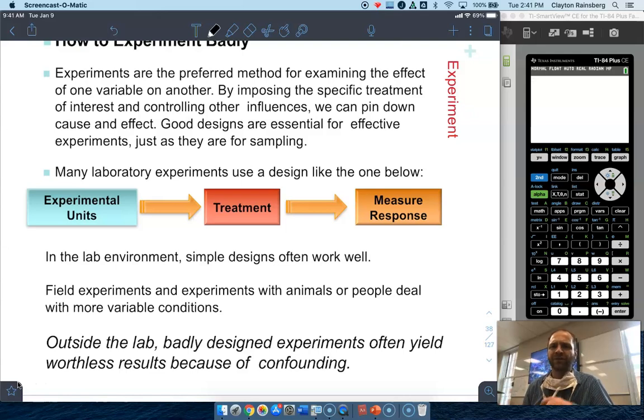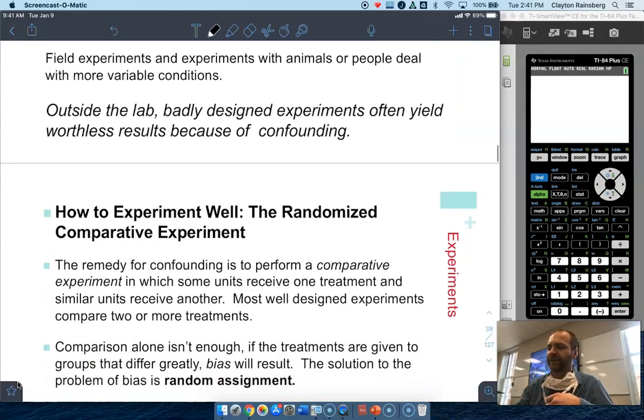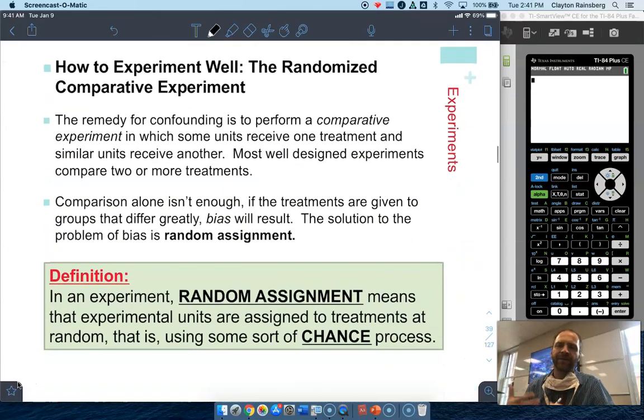So when we want a good design, we want to use a randomized comparative experiment. What that means is that you are going to do a random assignment of the experimental units into the treatment groups. The way you do random assignment is the same way we learned in 4.1.